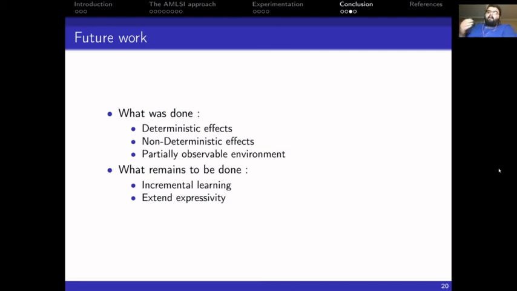So as future work, we plan to develop an incremental extension for AMLSI and extend the expressivity of the learned domains, as temporal or hierarchical domains, for example.